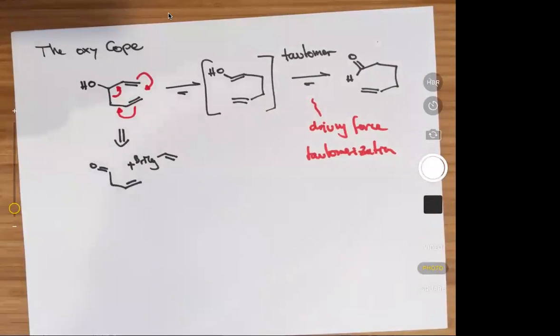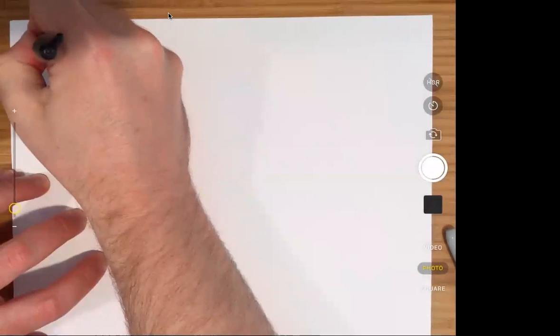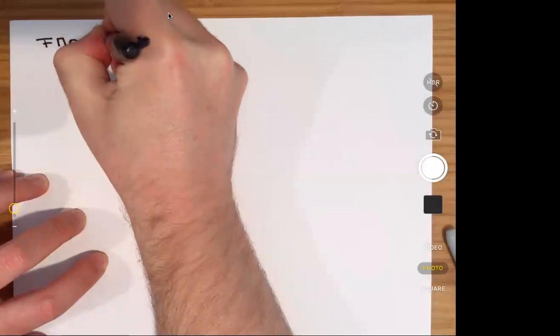Now, in order to understand this a little bit better and understand this concept of the 3,3 sigmatropic rearrangement, what we are going to look a little bit closer at is again the molecular orbital analysis of this. If you take a quick look at the prototypical Cope rearrangement, so let's say frontier molecular orbital analysis, FMO analysis.